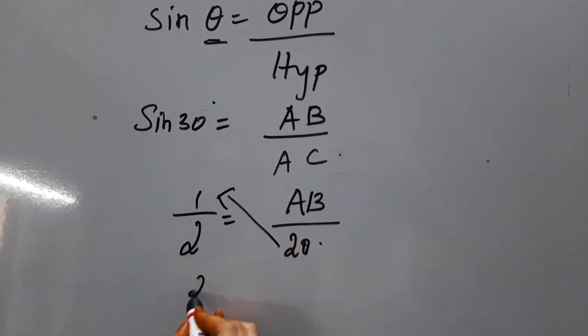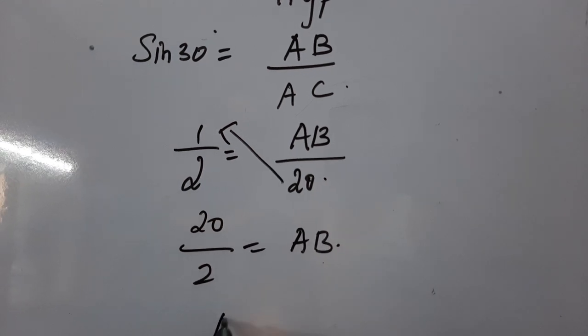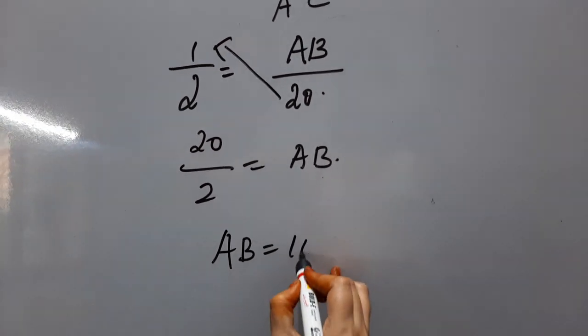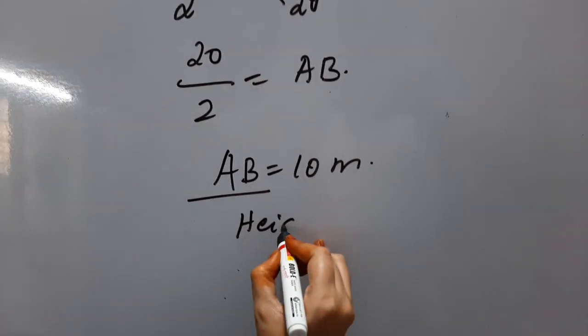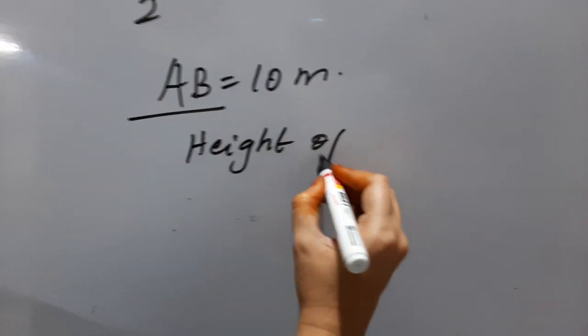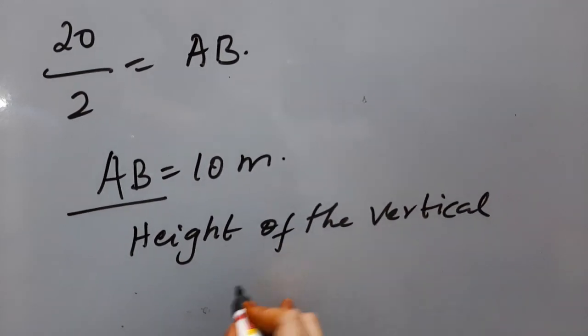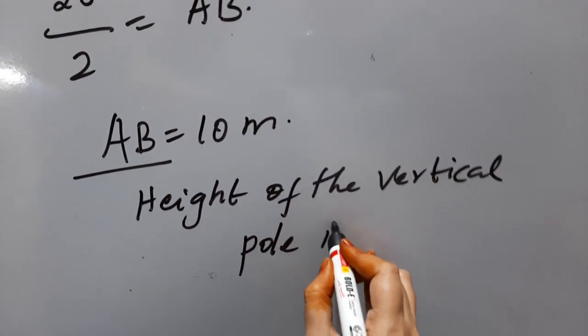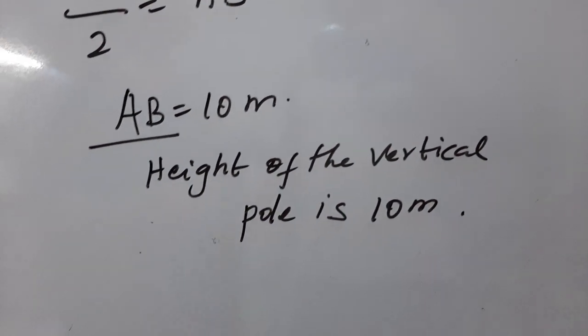What will you get? 20 by 2 is equal to AB. So AB is equal to 10 meters. The height of the vertical pole is 10 meters.